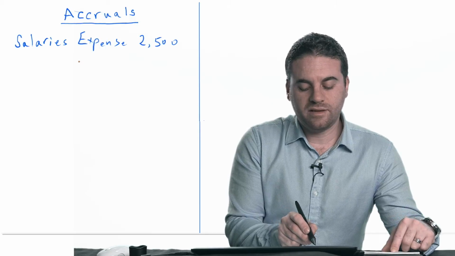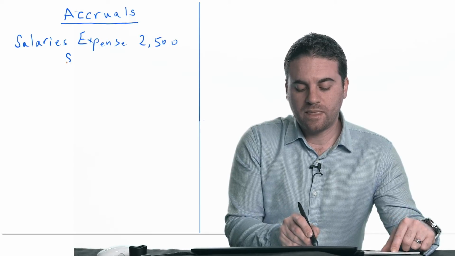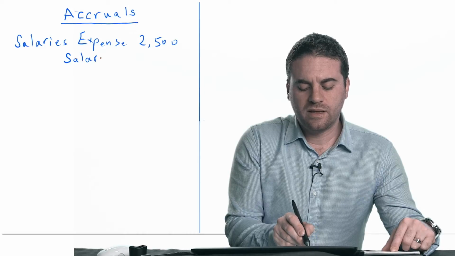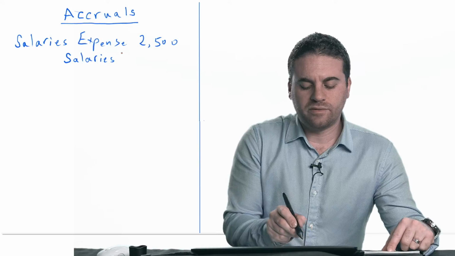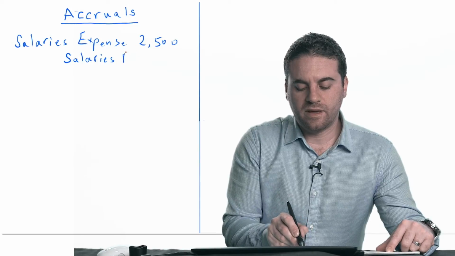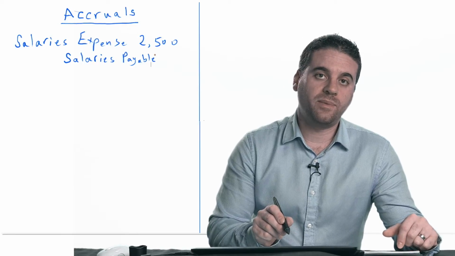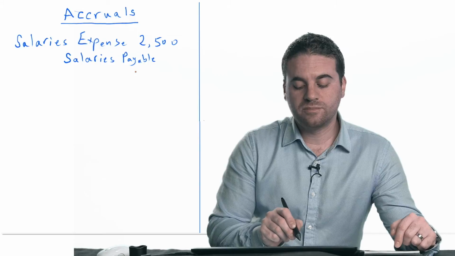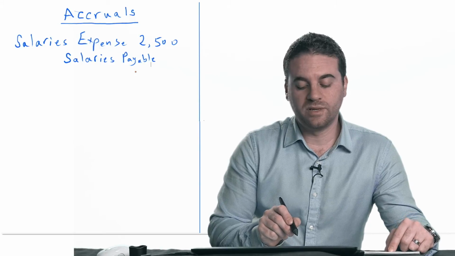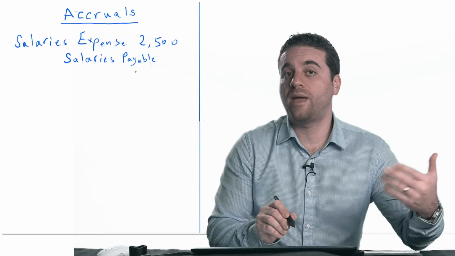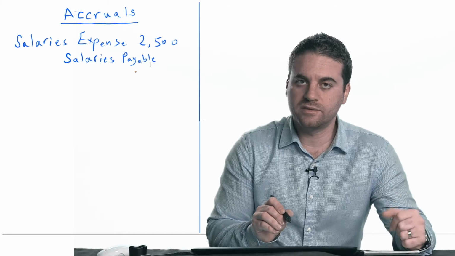So we will say salaries payable. And we've seen that in our first couple of videos. We know that whenever a payment becomes due, it has to become a liability under one of the payable accounts. So this particular payable account is going to be salaries payable, because we will pay salaries in future.